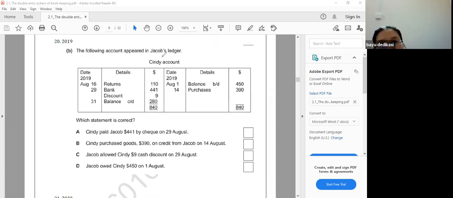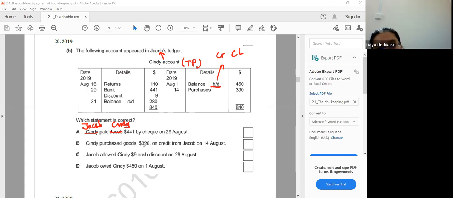The following account appears in Jacob's ledger. Cindy, so credit in here, balance brought down on the credit side. So this is the current liability. In this case, this will be trade payable to Jacob. Which statement is correct? Cindy paid Jacob 441 by check? No, this one should be Jacob paid Cindy.